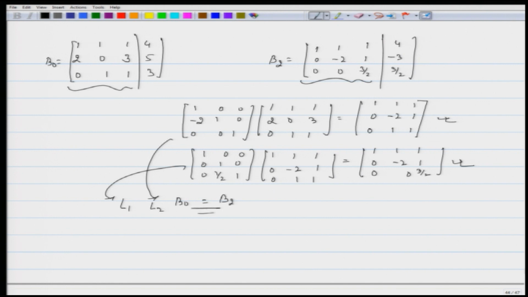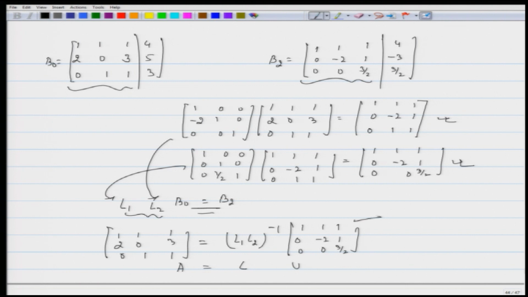Is that okay? So, what I see here is that if I write this as my 1 1 1, 2 0 3, 0 1 1, then the inverse of this, L 1 L 2 whole inverse, times this part 1 1 1, 0 minus 2 1, 0 0 3 by 2 is the one that I am looking at, A equal to LU.